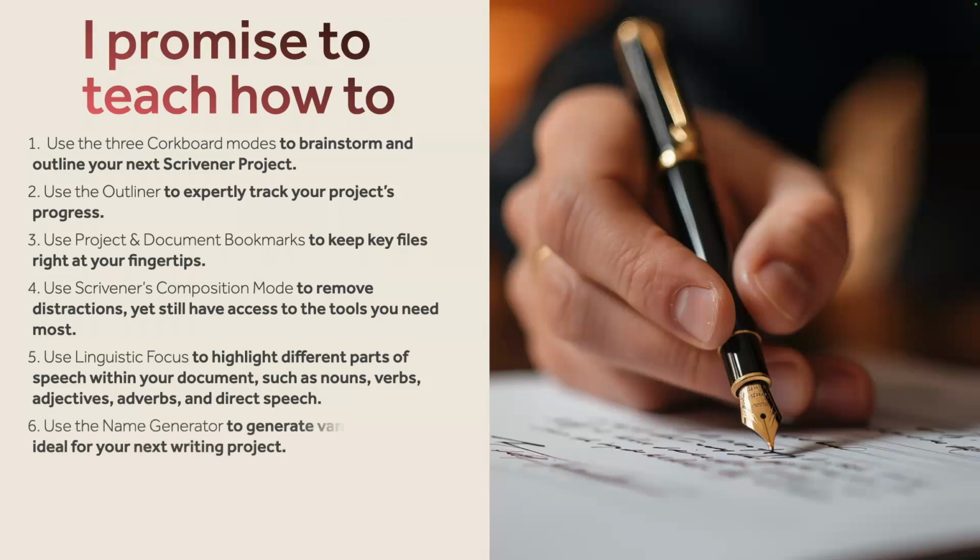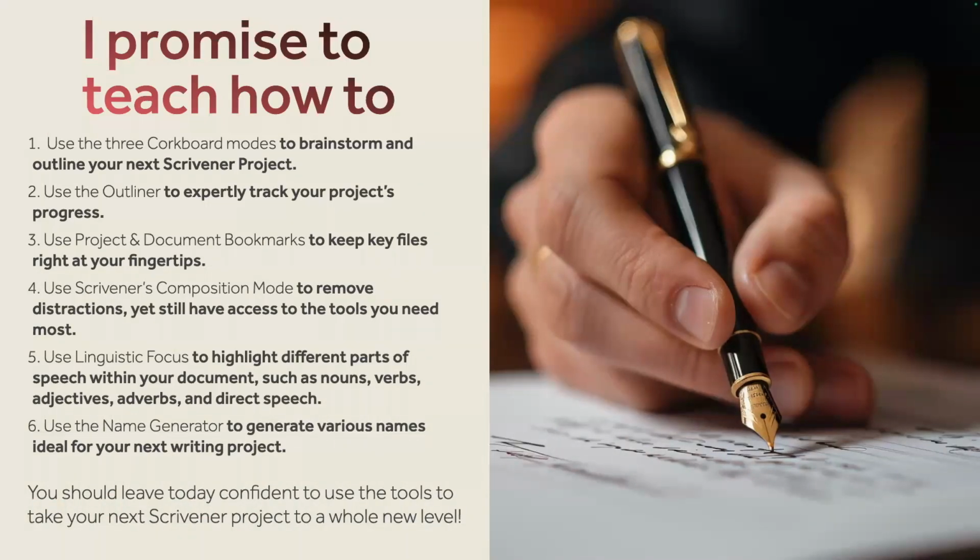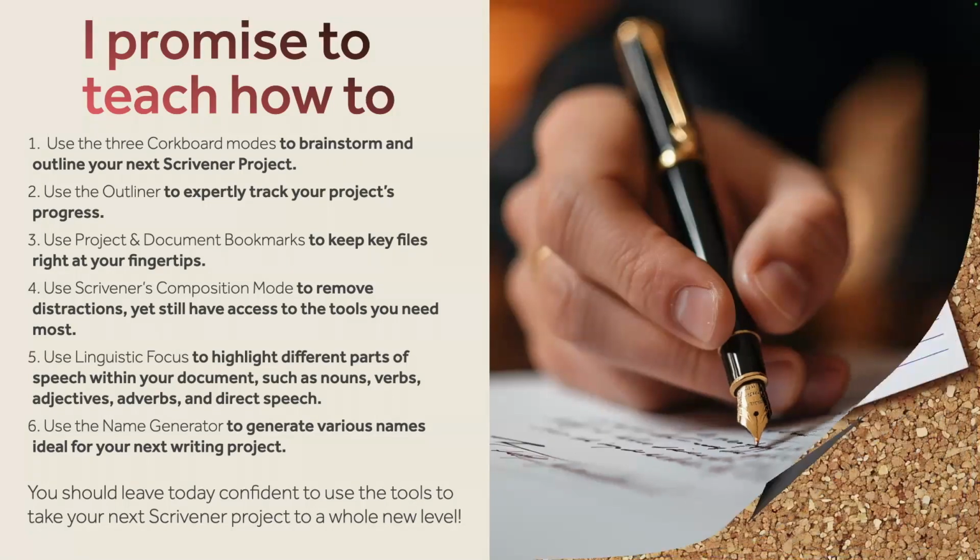And last but not least, we're going to look at a tool called the name generator to help you generate various names ideal for your next writing project. Okay. And I'm confident by the end of this session, you should be able to take your Scrivener project to a whole new level. And I'm excited to help you do just that. So without further ado, let's start talking about our first tool, the corkboard.